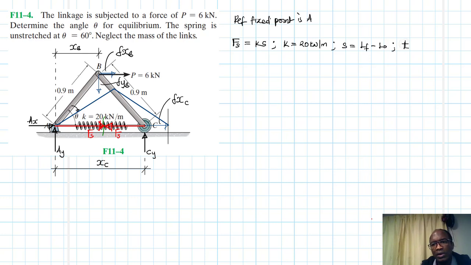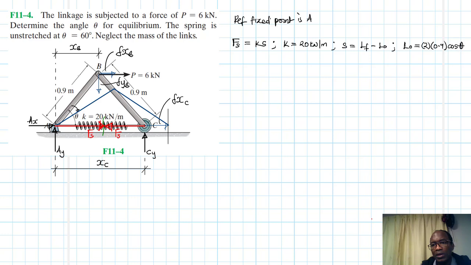We've been told that the spring is unstretched at theta equal to 60 degrees. So we have two lengths there: 2 times 0.9 times cos theta.